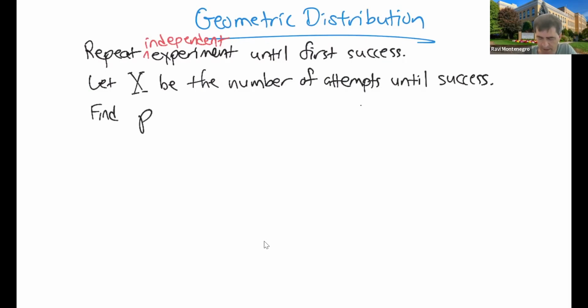And we want to find the PDF of it. So let's look at a couple of examples, or a couple of cases. Let me just note down here, P will be used to denote the probability of success each try.